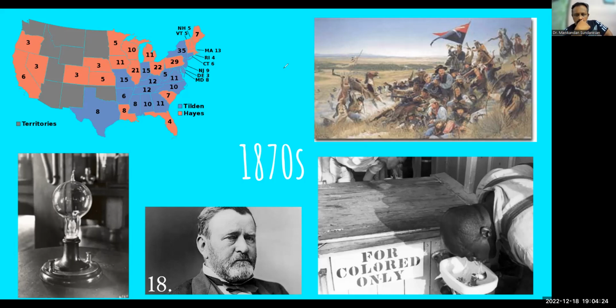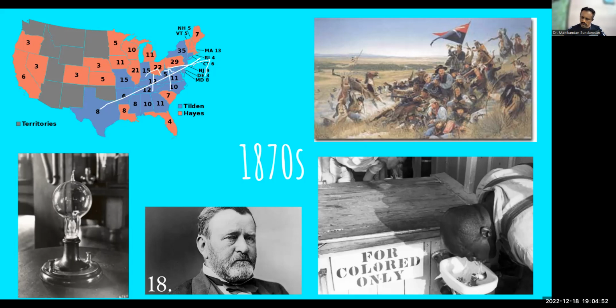And it was so contested, Democrats and Republicans were arguing with each other, that they came to a compromise called the Compromise of 1877. Basically, they gave the Republican, in this case Rutherford B. Hayes, the presidency, meaning they affirmed that the Republican would be president, but the Union troops would all have to leave the South.